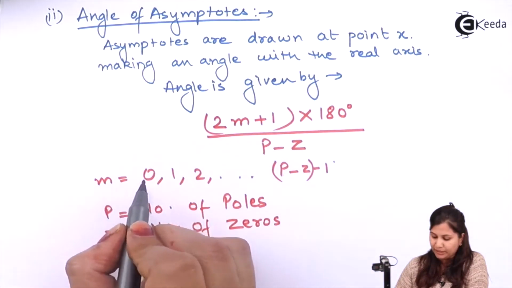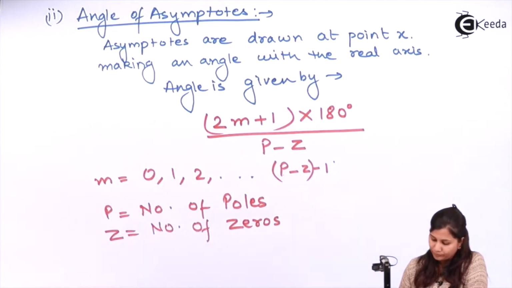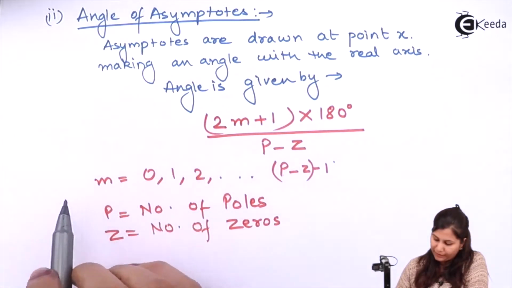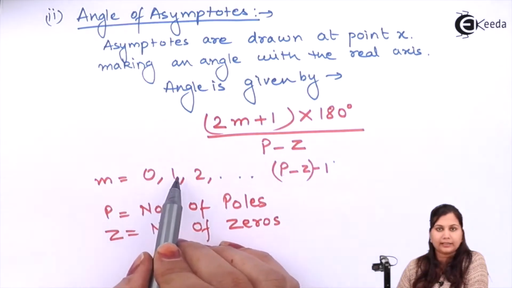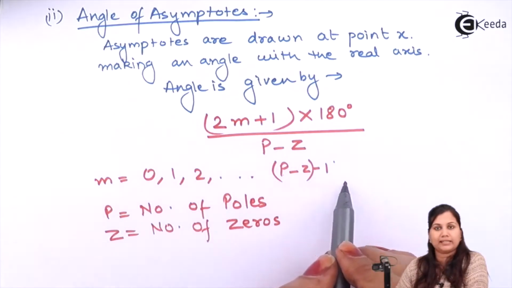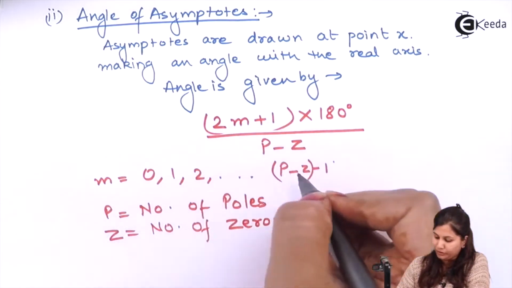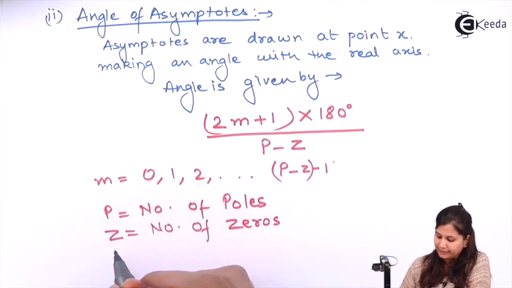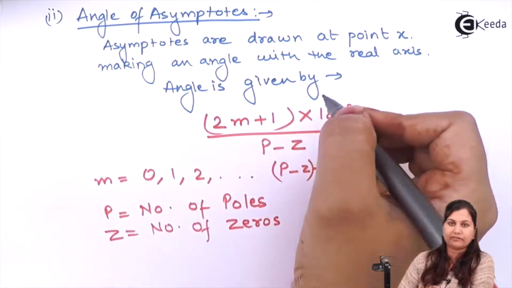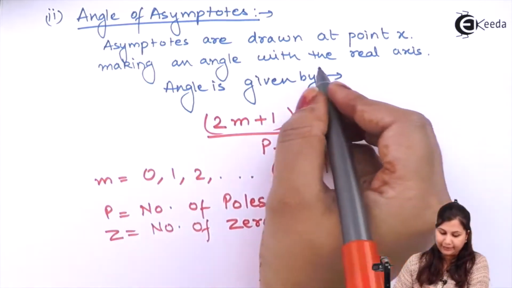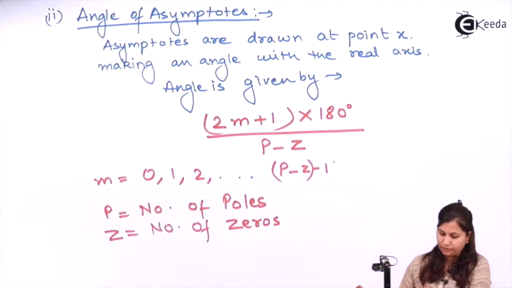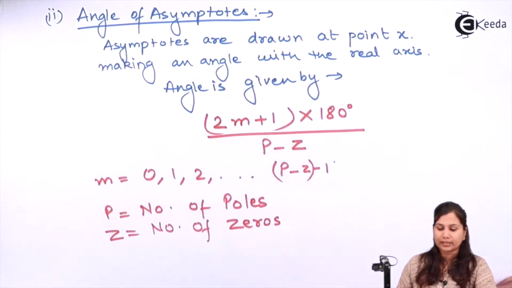So m will be 0. So the value of m will be from 0 to p minus z minus 1. We will put this value of m here along with the number of poles and zeros, and then calculate the angle of the asymptotes. So this was our rule number 6.